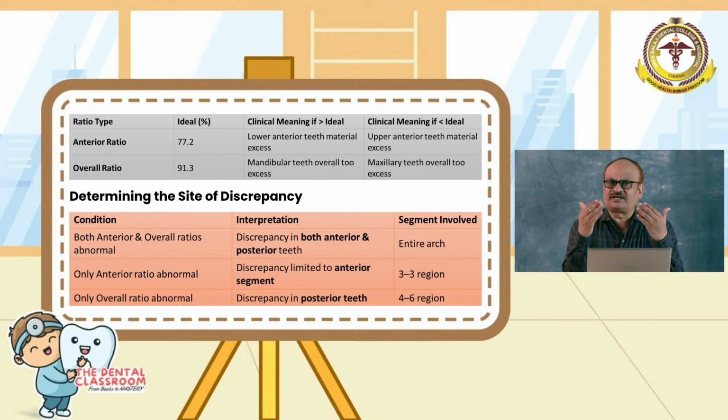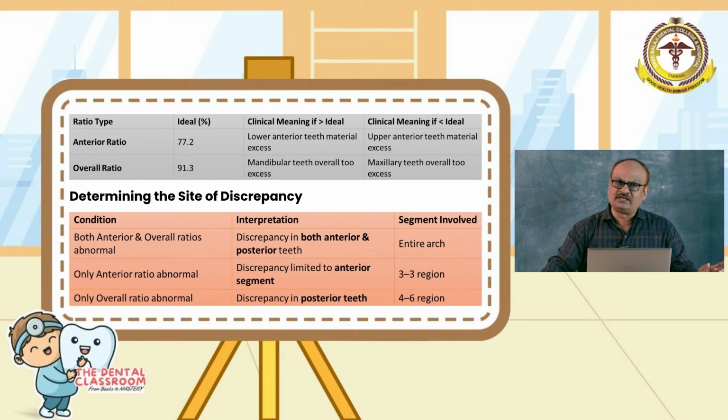Likewise, if the numerator or the mandibular tooth material increases, it will be more than 77.2% for anterior tooth, or it will be more than 91.3% for the total tooth material ratio. Depending upon that, if the ratio is more than ideal, there is lower anterior tooth material ratio if you measure the anterior tooth ratio, or if you measure the overall tooth ratio, the posterior segment will also be more.